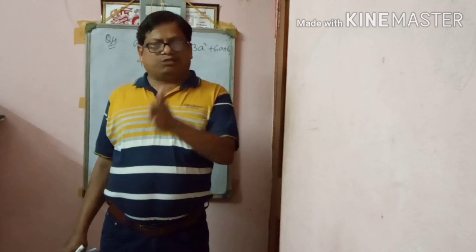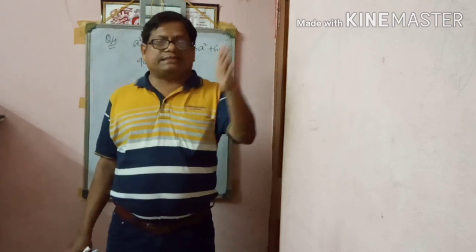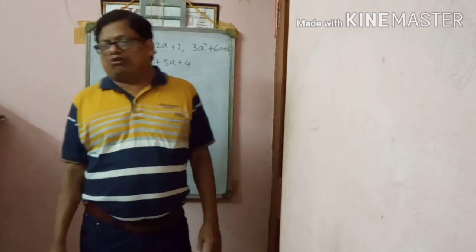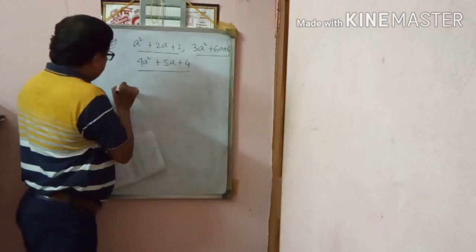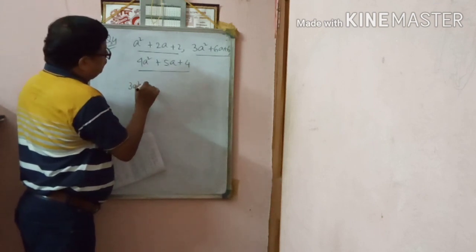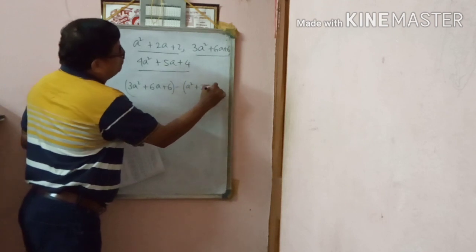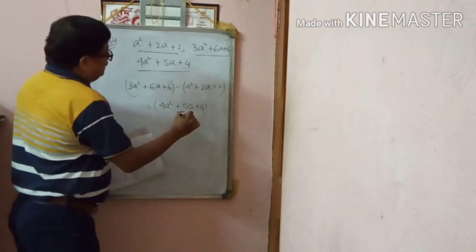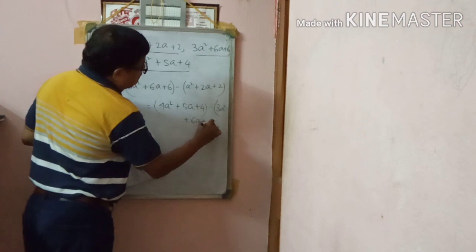B minus A equal to C minus B. If 3 terms A, B, C are in AP, then we can write B minus A equal to C minus B. So suppose this is A, this is B, this is C. So we can write 3a square plus 6a plus 6 minus a square plus 2a plus 2 equal to 4a square plus 5a plus 4 minus 3a square plus 6a plus 6.